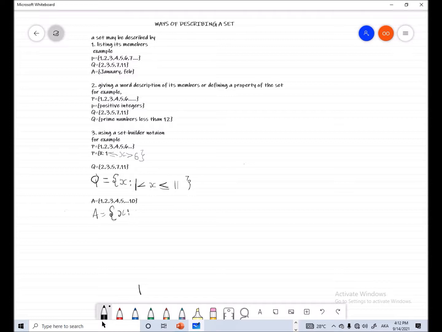So here our 1 is part, so we say less or equal to 1. So any number less or equal to 1 is part of X, which is the member of the set. Then we come here and we say less or equal to what? 10.